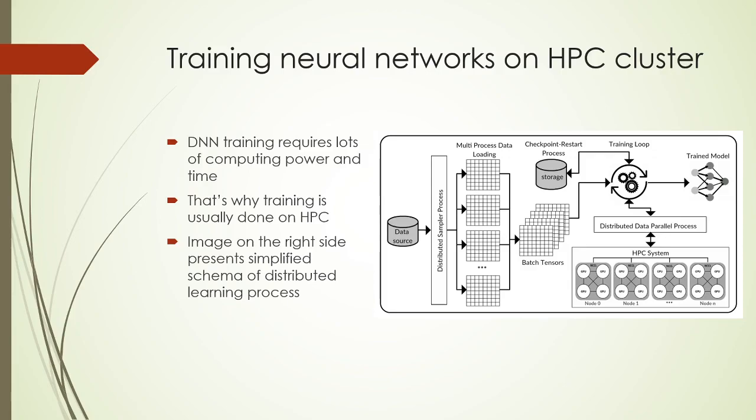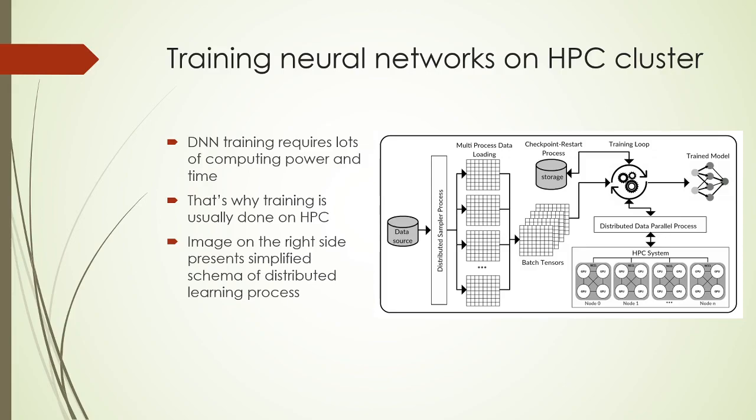On the image, there is a schema representing components taking part in a distributed training process. On the left side, there is a data source, which can be a standard hard drive, distributed file system, or cloud storage. Data is loaded by multiple processes concurrently. Loaded data is then collected into small groups called batches.